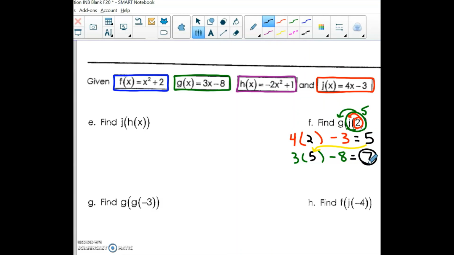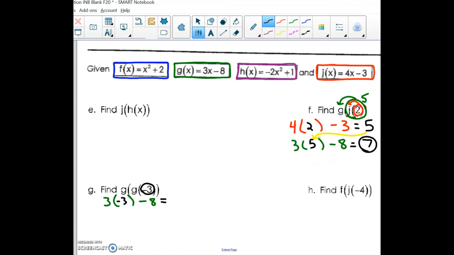The next example, G, uses the g function twice. So the g function is green. 3 times something minus 8. So we're going to take the negative 3 right here, we're going to plug it into the equation. We're going to get a value out of that. 3 times negative 3 is negative 9.